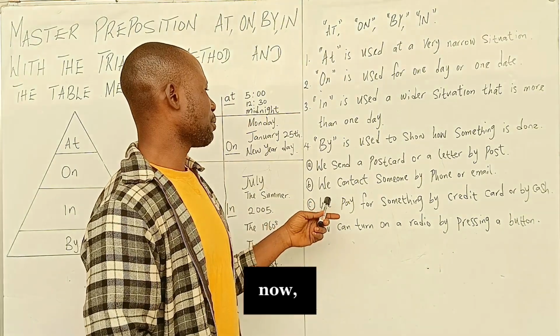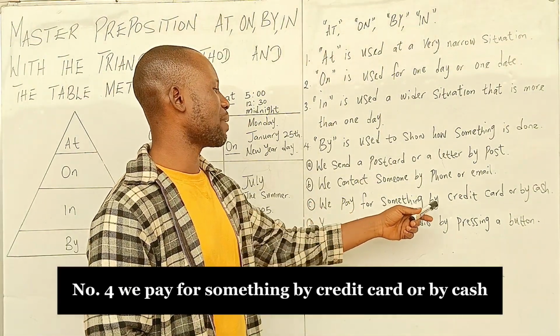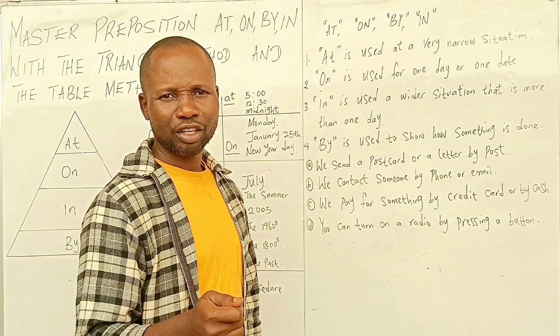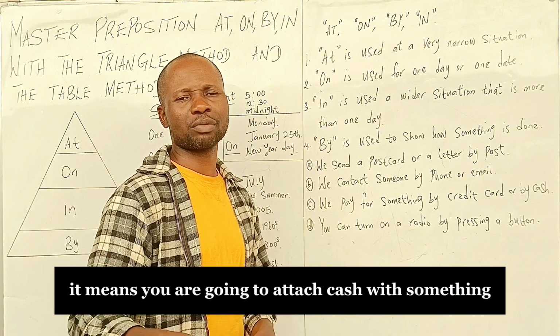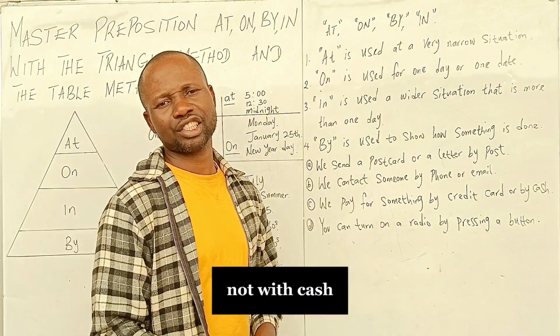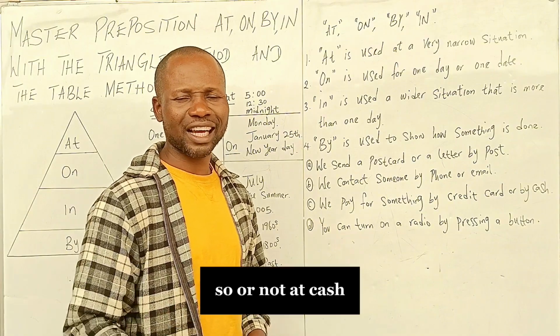Now, number four, we pay for something by credit card or by cash. I will pay you by cash, not with cash. If you say with, it means you are going to attach cash to something. I will pay you by cash, not on cash, or at cash.